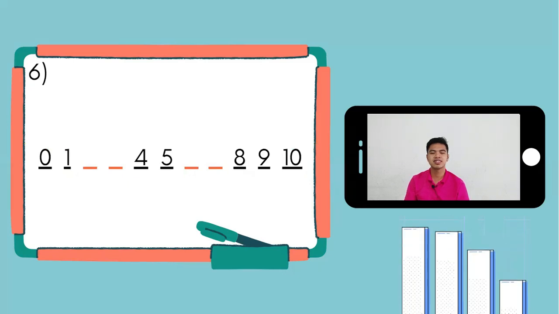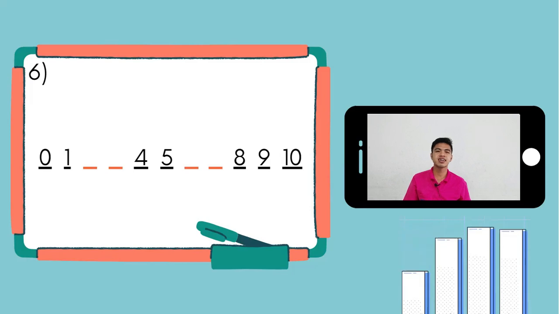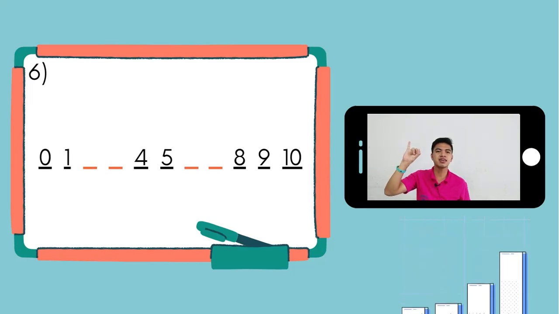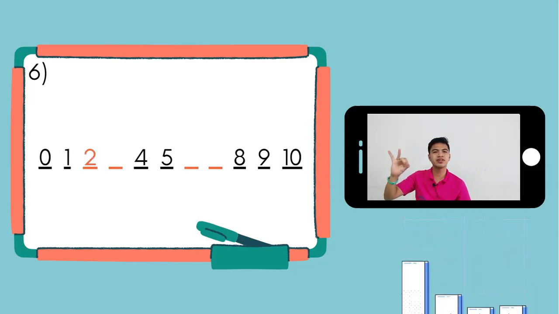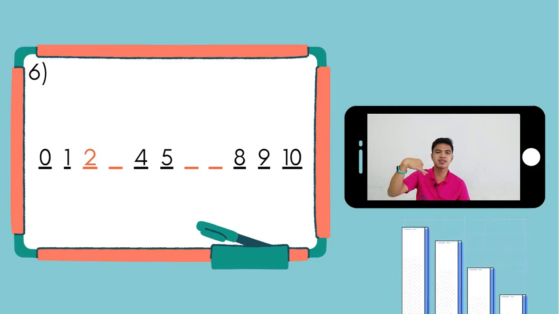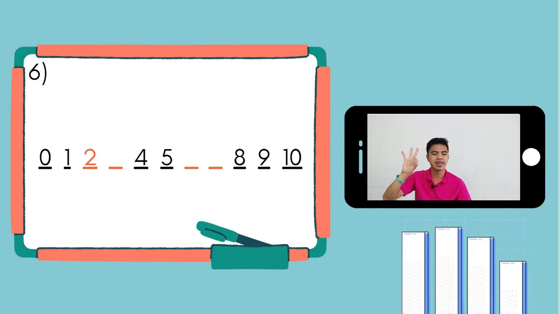Let's try for number 6. Oh, there's a lot of missing numbers. In here, we started from 0, and it became 1. And then what is the next number? Good job, it is 2. So we're going to write 2 in it. And what is the next number? It is 3.